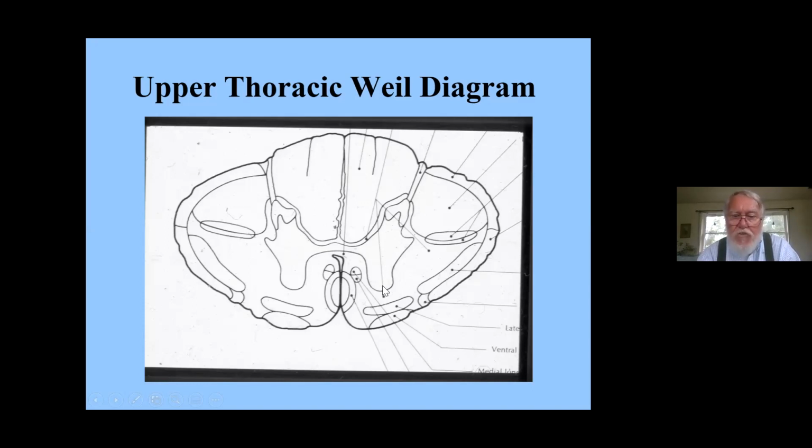We have the ventral horn, and we have the intermediate zone and the pericanal gray. Then we have the anterior white commissure.